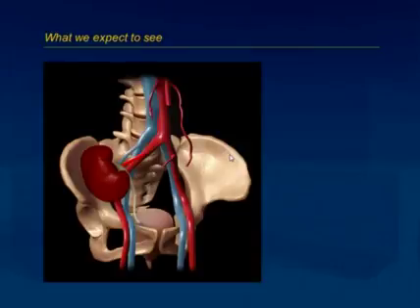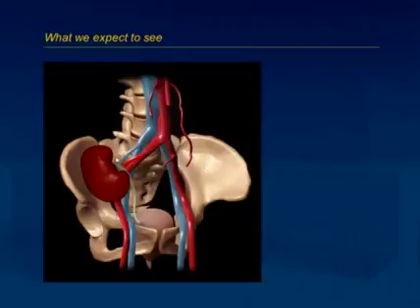Now, what do we expect to see? It's worthwhile to spend a slide and a couple of minutes on the anatomy of the renal transplant. Most transplants are fitted into the right iliac fossa. The vessels are usually connected to the iliac vessels, in this case the common iliac artery and the common iliac vein, but they can also be connected to the external iliac artery or vein.